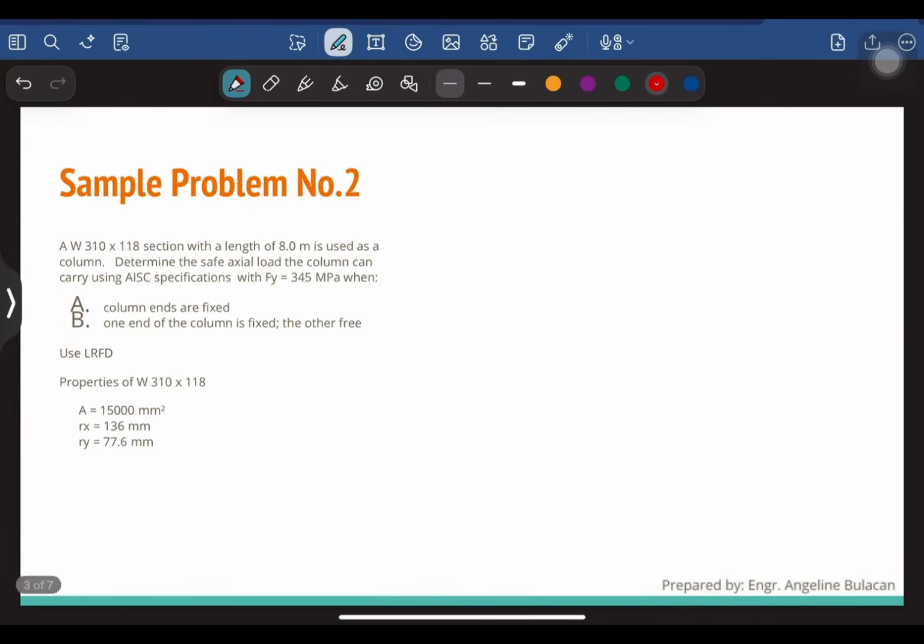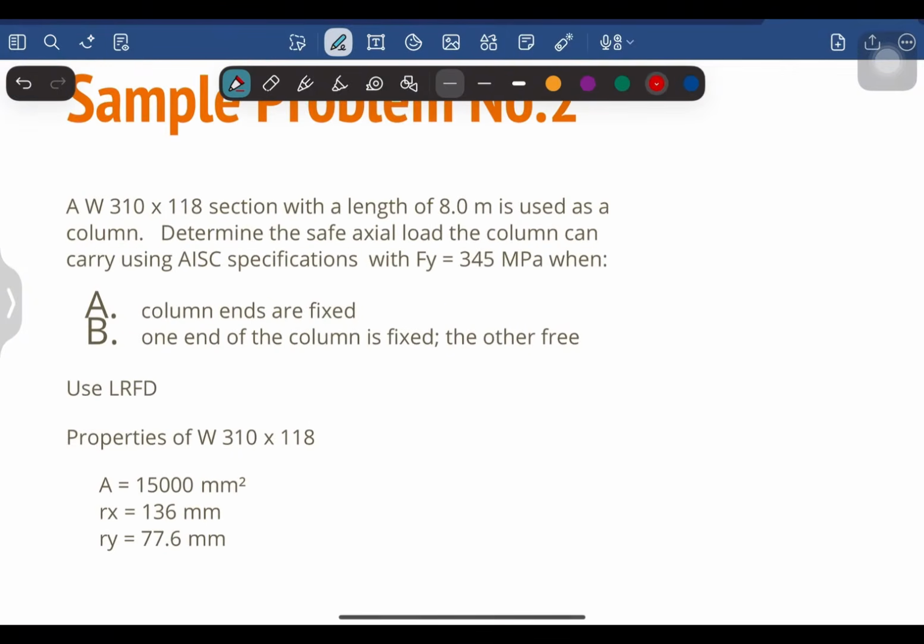Next, a W310 by 118 section with a length of 8 meters is used as a column. Determine the safe axial load that the column can carry using AISC specifications with Fy equals 345 MPa when column ends are fixed.